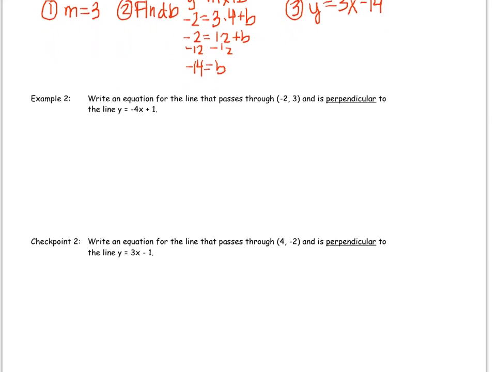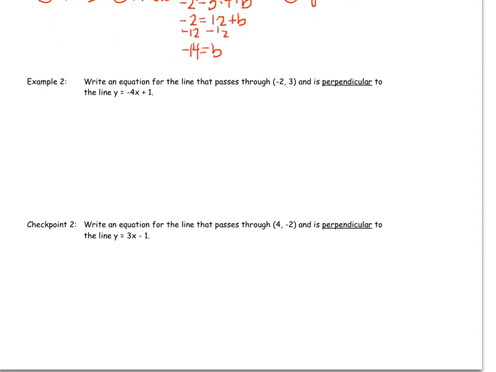Now we're going to write an equation for a line that passes through a point and is perpendicular to the other line. So when you see perpendicular right here, you should be thinking opposite sign and reciprocals. So opposite and reciprocal.